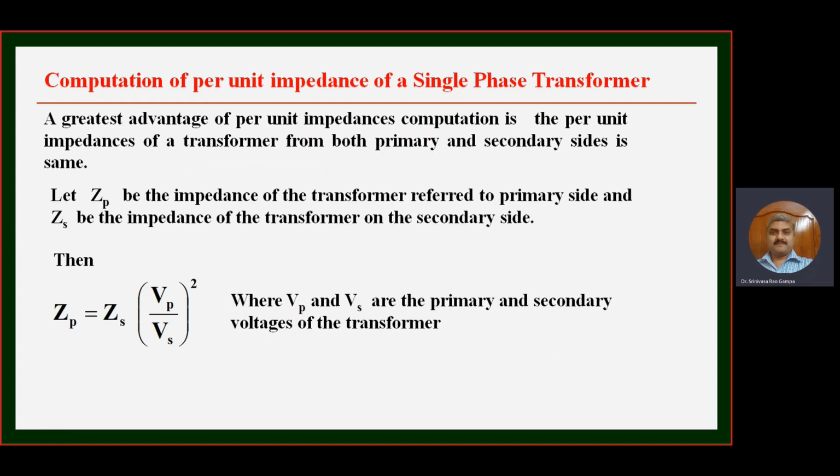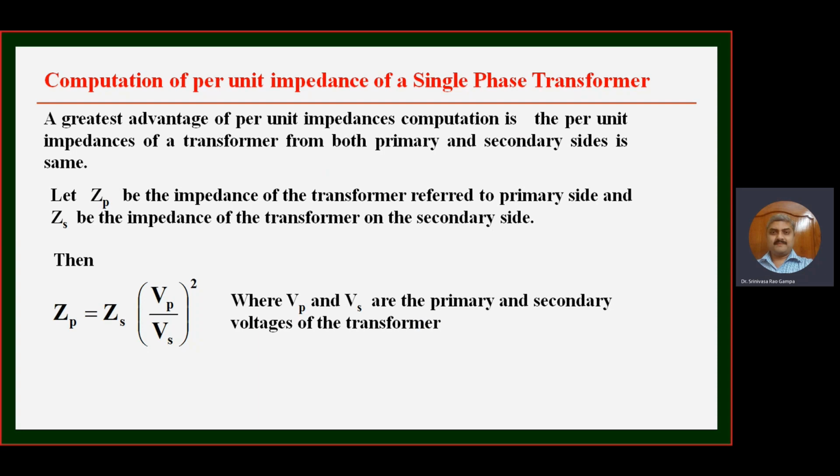Finally, we are coming to a very interesting point: computation of per unit impedance of a single phase transformer. The per unit impedance advantage greatly lies in computation of the transformer per unit impedance. Generally, when you do computations considering a transformer's primary side and secondary side, we need to do all the conversions either to the primary side or to the secondary side.